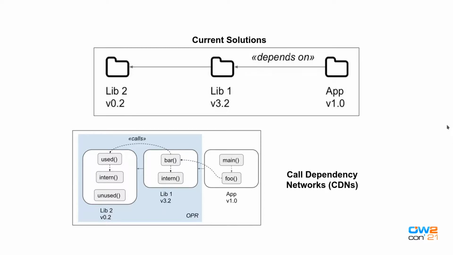Actually, you can see here on top the approach of dependency managers and what the current tools are doing. They view libraries at package level and they see the dependencies between the various libraries and the different versions. But FASTEN will actually go deeper. It will look inside your application code to see the function calls.